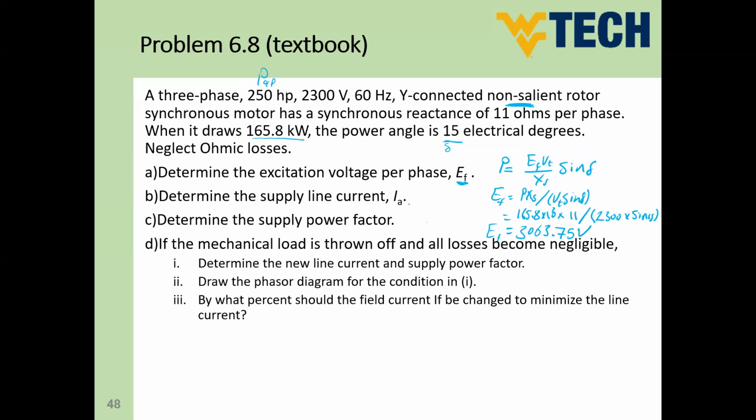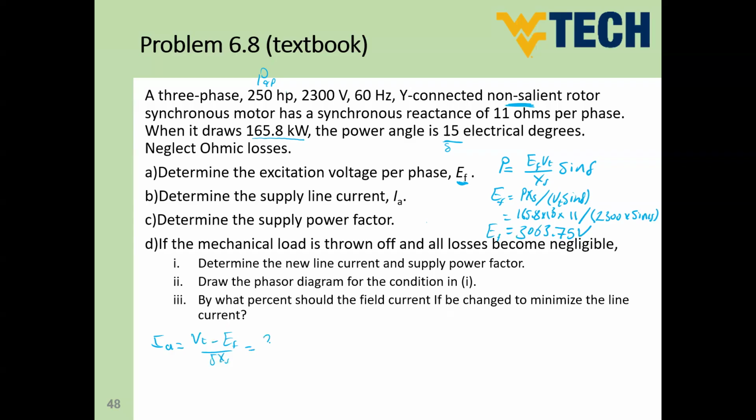Then it's required to determine the supply current. So we can say the supply current IA equals, since this is a motor, V terminal minus EF divide JXS.